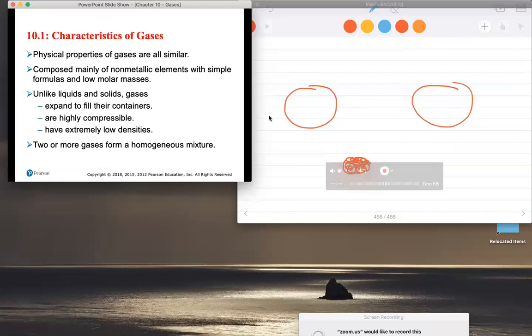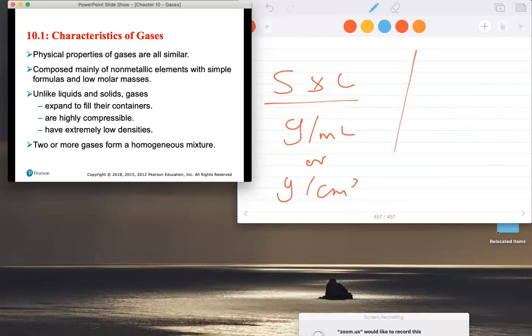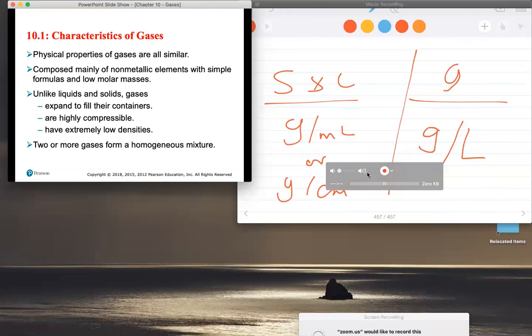They have extremely low densities compared to solids and liquids. Solid and liquid densities are expressed in grams per mL or grams per cubic centimeter, but for gases, they are expressed in grams per liter. They have extremely low density, so to get a meaningful number, you work with liters.